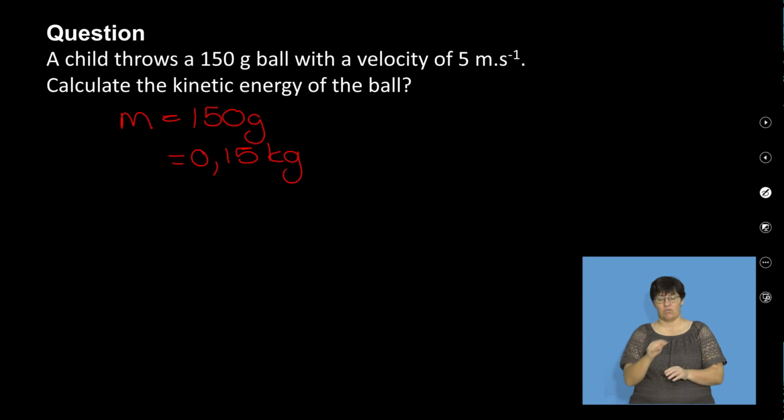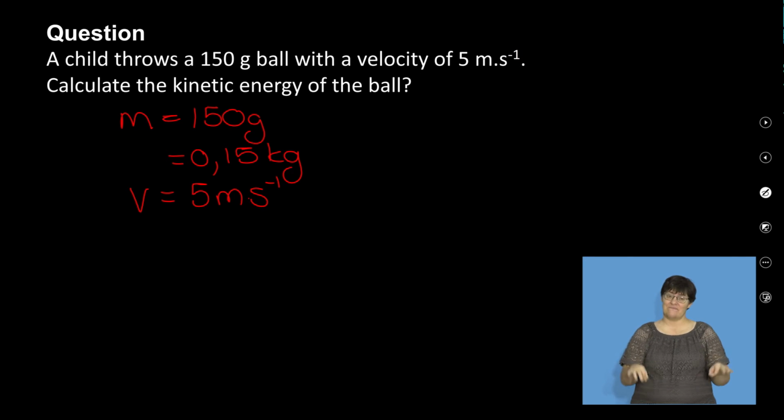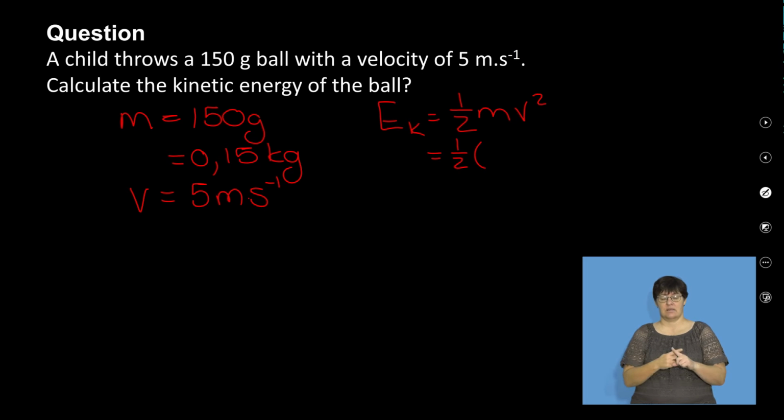Remember, I divided by 1,000. Velocity is 5. I'm not expecting a big value here because of the small mass. So EK is a half mass times velocity squared. So it's a half times 0.15 times 5 squared.